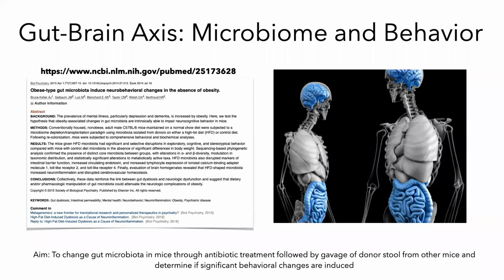High-fat diet microbiota also disrupted markers of intestinal barrier function, increased circulating endotoxin, and increased lymphocyte expression of ionized calcium-binding adapter molecule 1, toll-like receptor 2, and toll-like receptor 4. Finally, evaluation of brain homogenates revealed that high-fat diet-shaped microbiota increased neuroinflammation and disrupted cerebrovascular homeostasis.